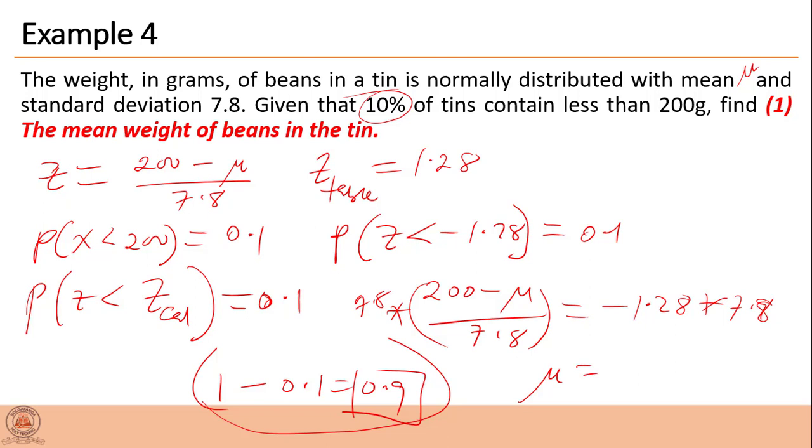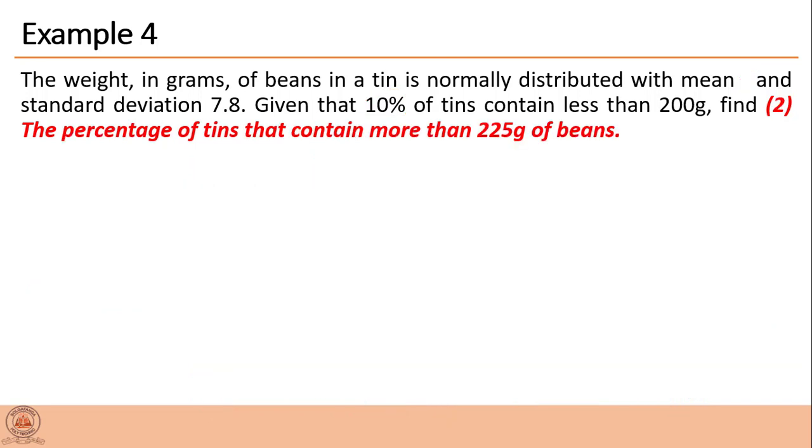So mu is equal to 200 plus 1.28 multiplied by 7.8. So together we have 209.9, so approximately 210 grams. So this is how we solve this question.